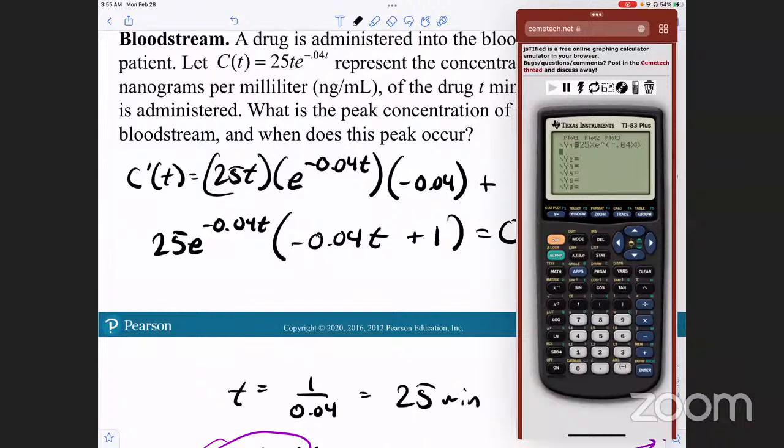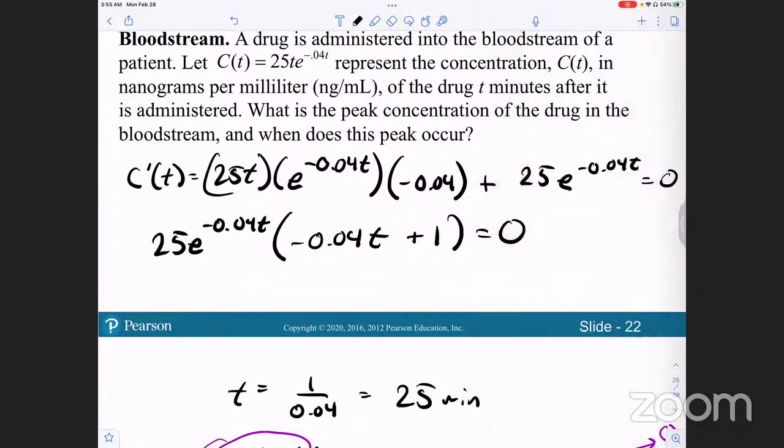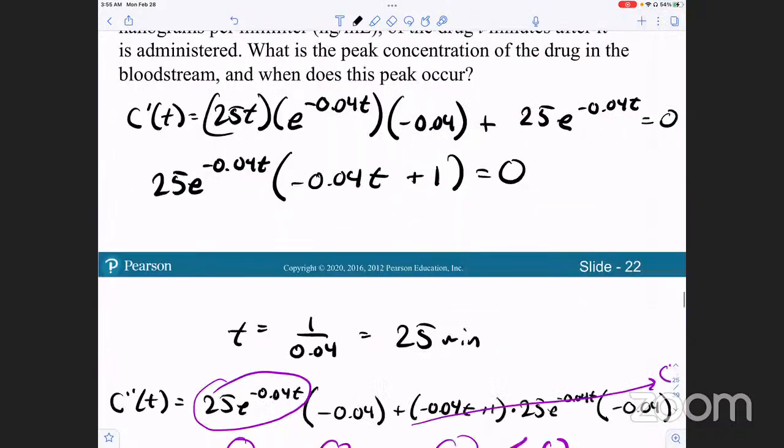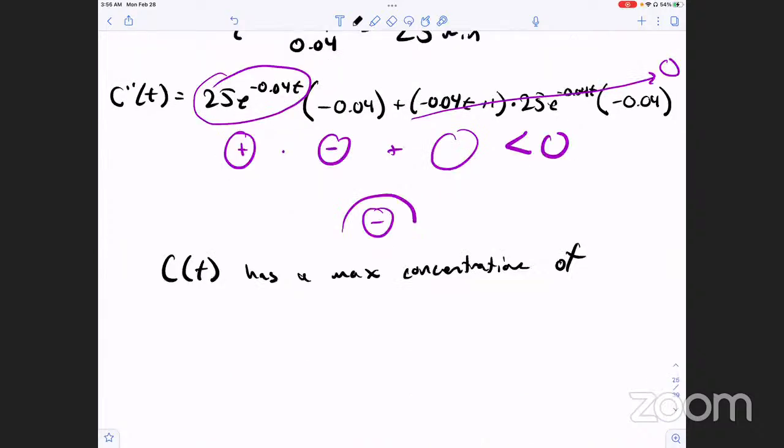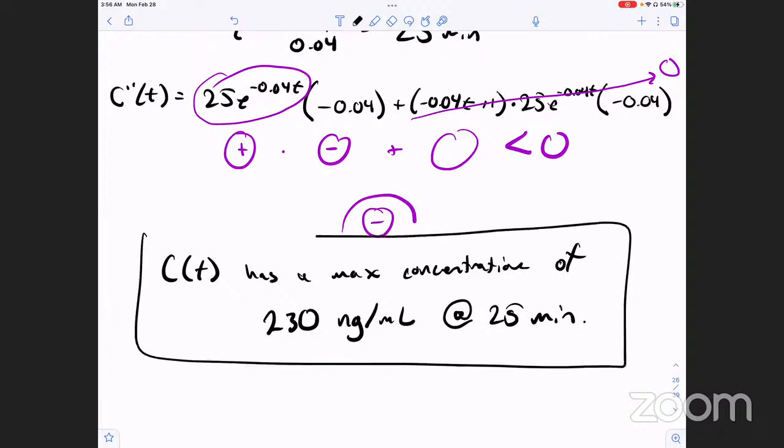Okay, and then we want to evaluate this when x is 25. So approximately 230 nanograms per milliliter. So the concentration has a maximum concentration of 230 nanograms per milliliter at 25 minutes.